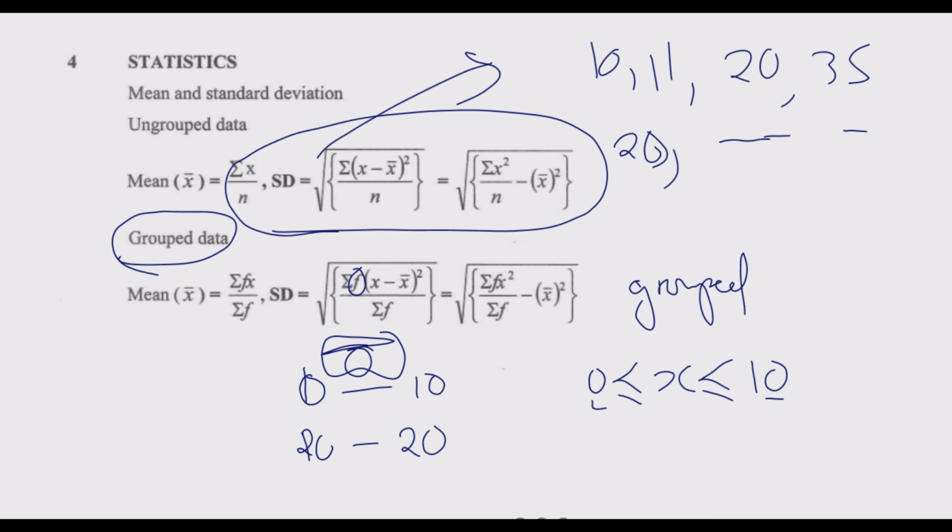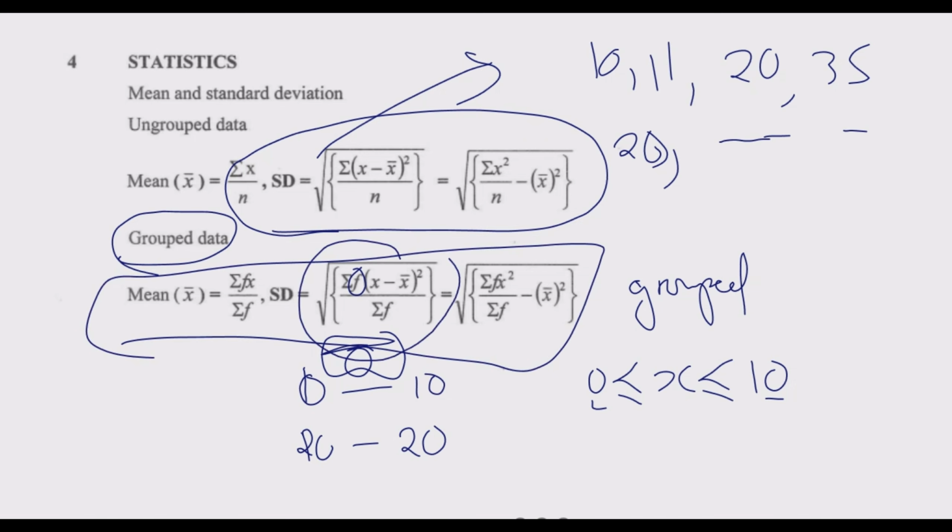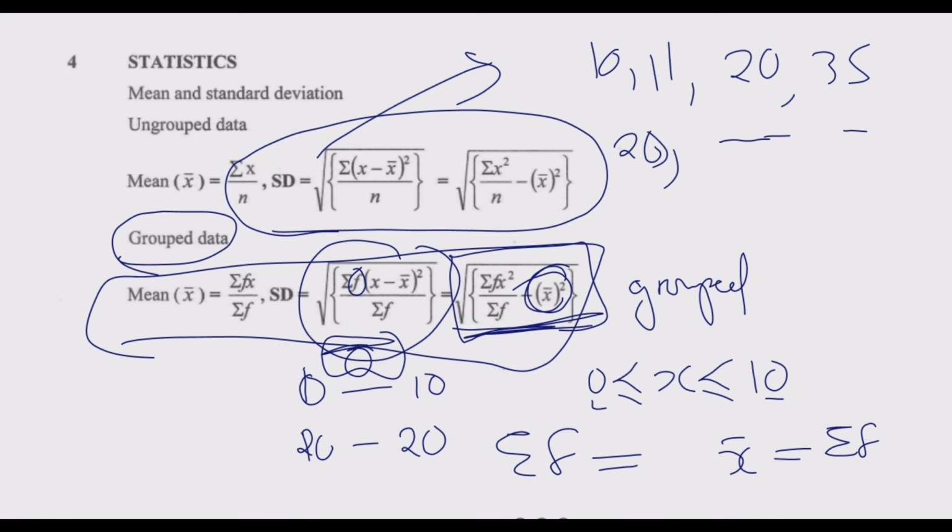Take note of that. Okay, so we are going to use this formula, but there are two options. We can go with this one or that one. This one is much easier to use. What you just need to do is find the summation of the frequencies, which will always be given to you. You don't need to worry about that because it's given directly there. Then you need to find the mean, which is given by the summation of the frequency multiplied by the middle value in this interval.